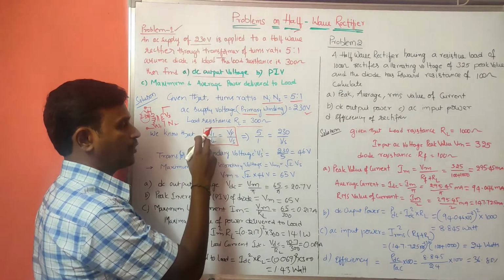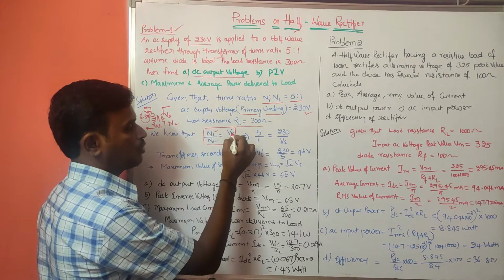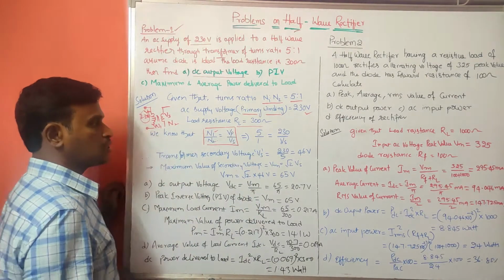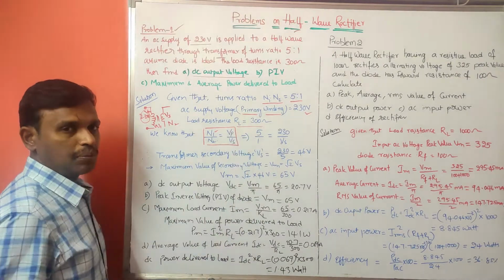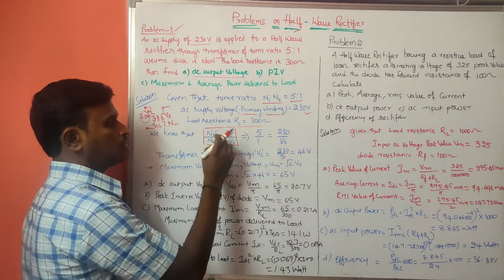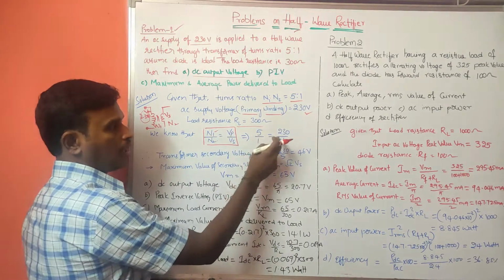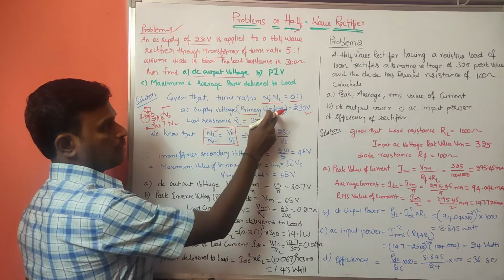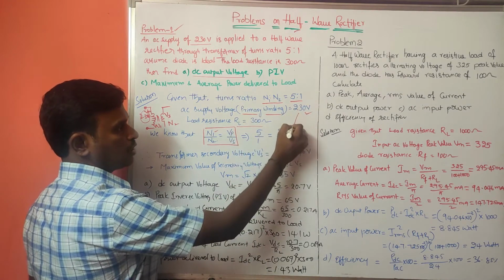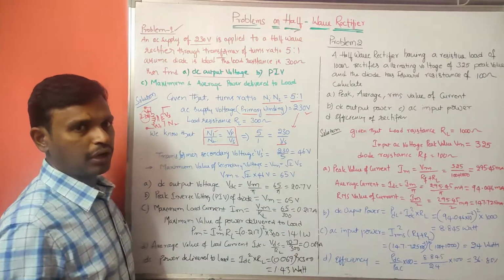The relation between these two is N1 by N2 is equal to Vp by Vs. Vp is the primary winding voltage, or the supply voltage that is given. Here N1 by N2 is 5 by 1, and Vp is the primary winding voltage, 230 volts, and what I have to calculate is the secondary winding voltage.